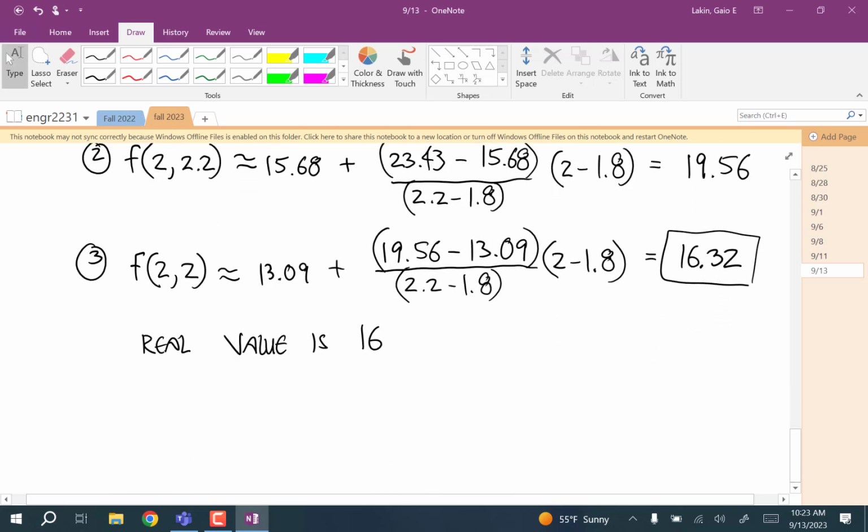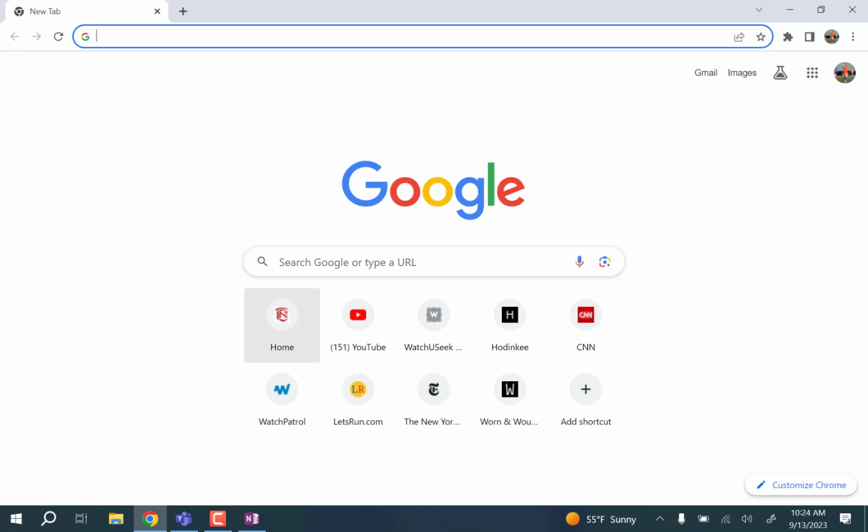Okay, let's do a 1D problem from the table, and then we'll do a 2D problem from the table.